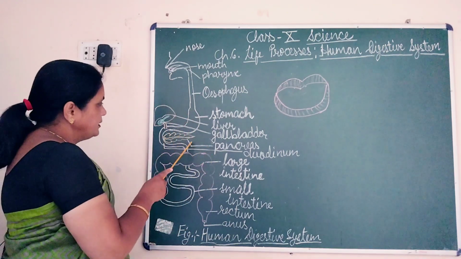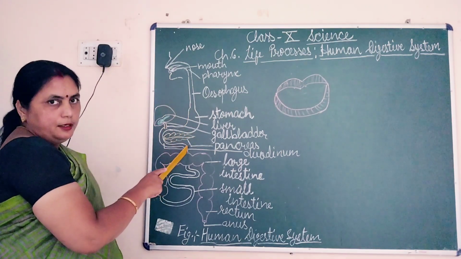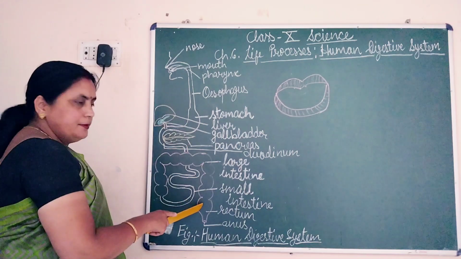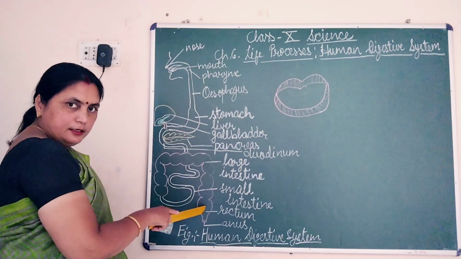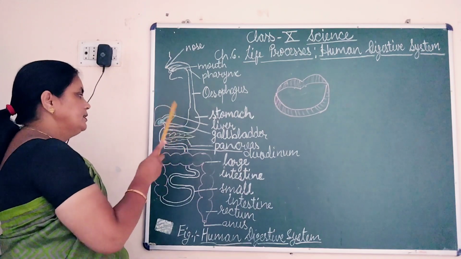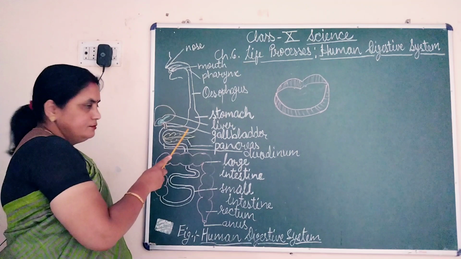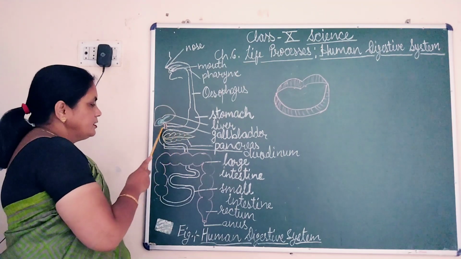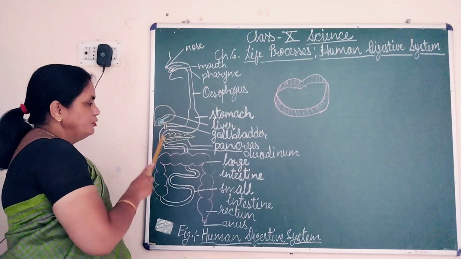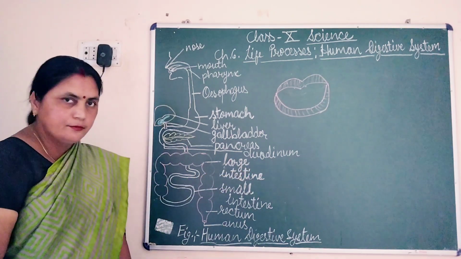So this part is nearer to the stomach, so this will be called the proximal part of the intestine, and this will be called the distal part of the intestine. The proximal part of the intestine is in the form of a U-turn. This U-shaped tube or canal is called the duodenum.